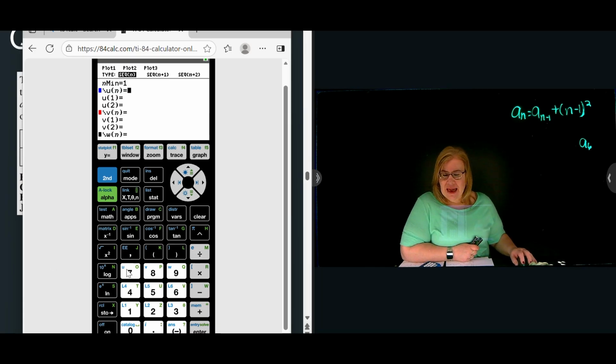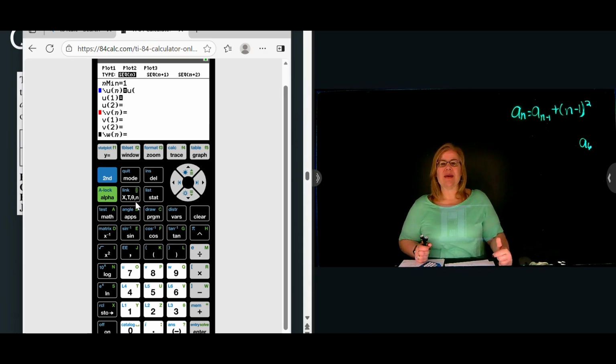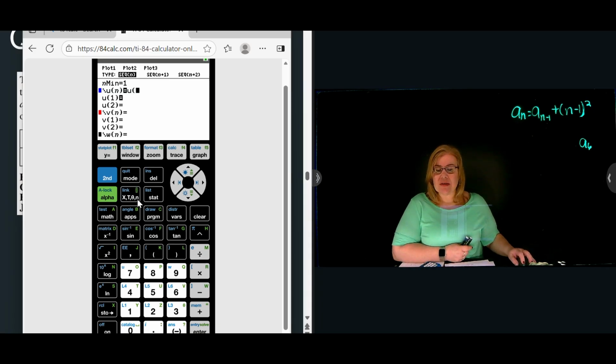So I'm looking at my blue letters, and I find the U. I'm going to hit second 7, and then I'm going to put in what my sub was, parentheses N. Now, Miss Killen, how do I put an N in the calculator? Every time I hit that button, it always gives me an X. Well, now that we are in that sequence mode, it's going to go to the sequence using N.